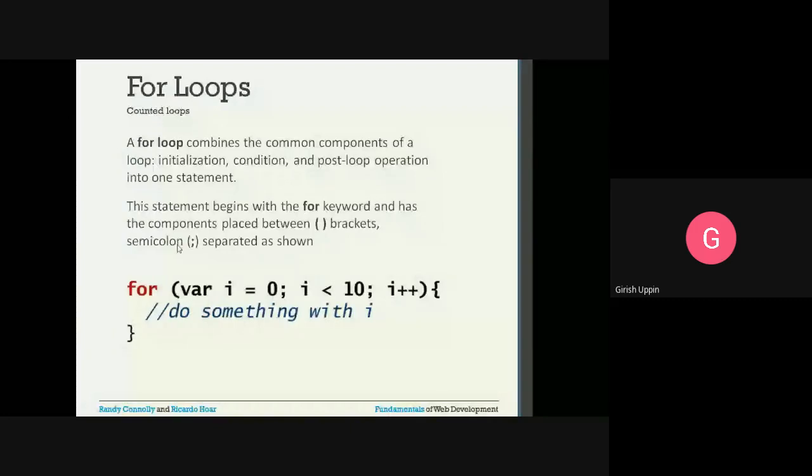This is initialization. Then you are putting the semicolon, then you are checking the condition i less than 10, then semicolon i plus plus, then the body of the for loop, that is inside the pair of curly braces. So here whatever is required we will do it.